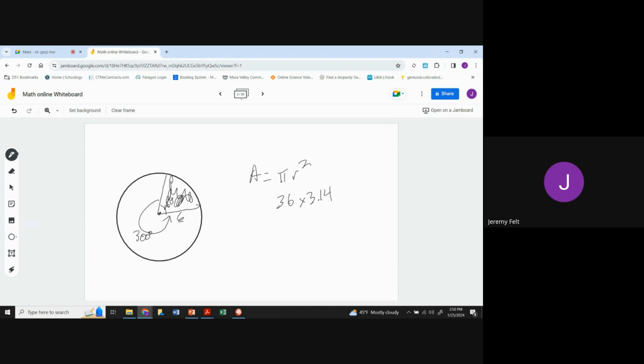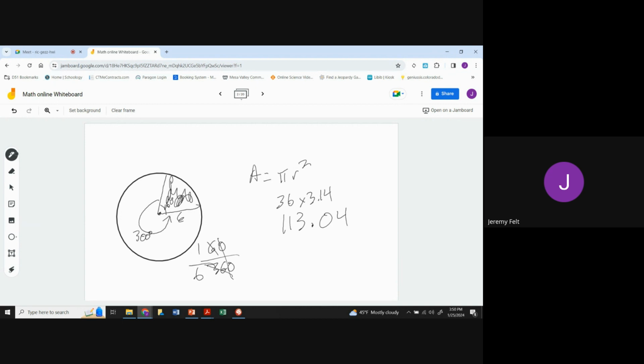This is 113.04. And then we know 60 degrees out of 360. Well, that reduces down to 1/6 of our circle.